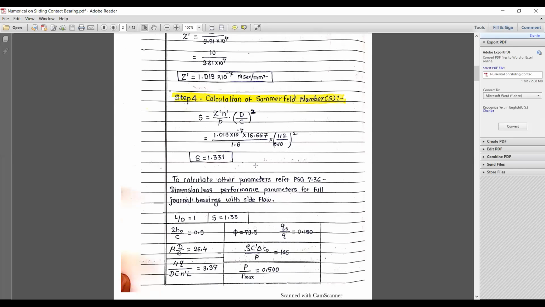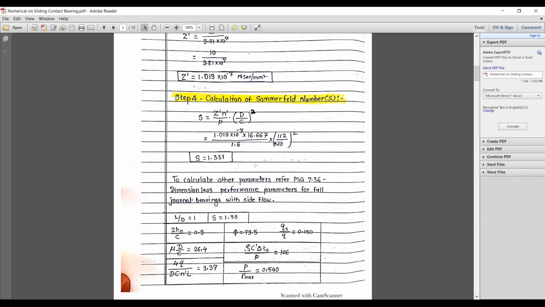Next step, the calculation of Sommerfeld number. Yes, it is very important, as we previously discussed. The Sommerfeld number is a dimensionless parameter. Based on this, the designer variables are given here. While selecting the other parameters, that is the performance parameters, we can handle or limit them from here only.